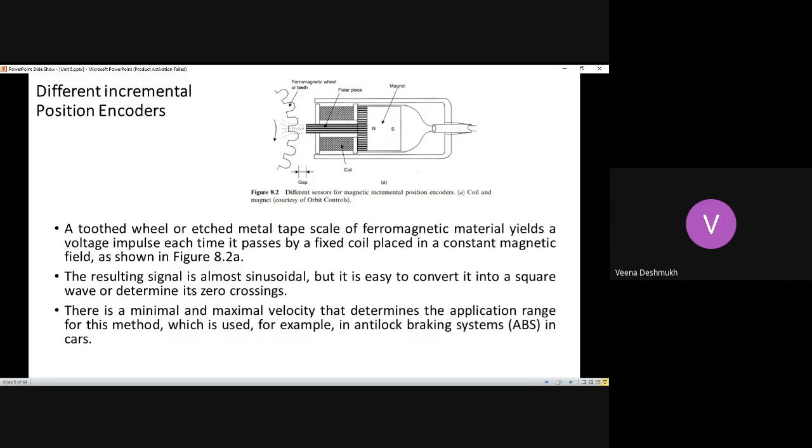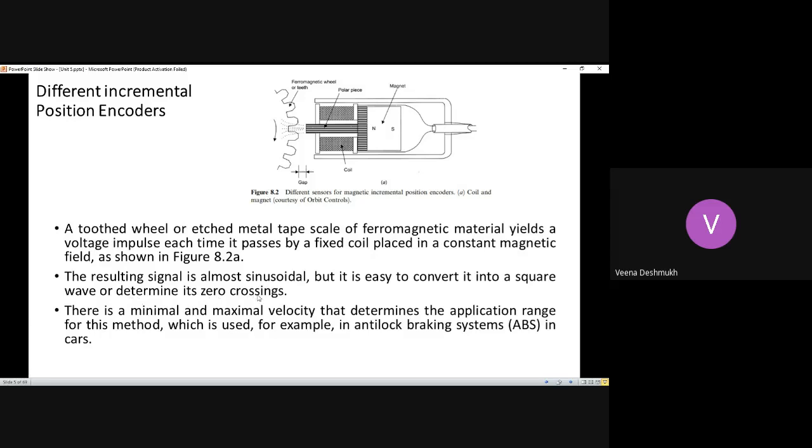The resulting signal is almost sinusoidal, but it is easy to convert it into a square pulse. For every peak of the sinusoid, if one pulse is generated, this can be very easily converted to pulses or a digital count, or you can determine its zero crossings.